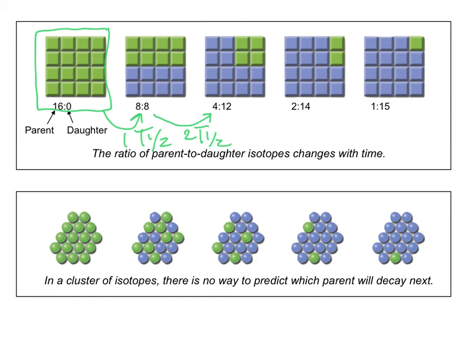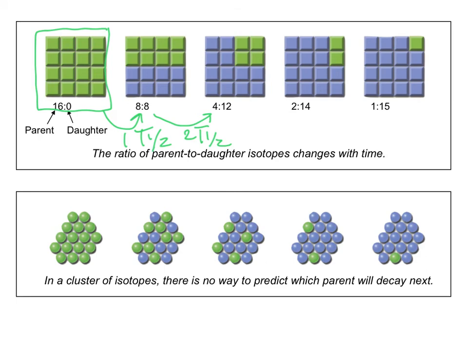Oh, and let me just go back and say, in a cluster of isotopes, there's no way to predict which parent will decay next. That's why I'm saying that it is somewhat random. So we don't really know which atom is going to decay to its daughter product and exactly when that's going to happen.